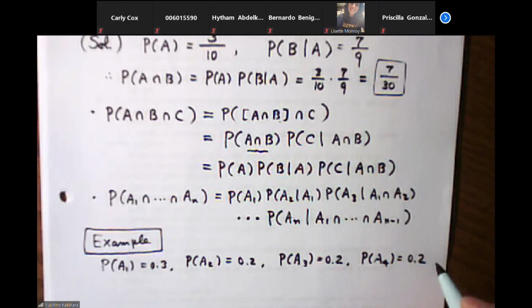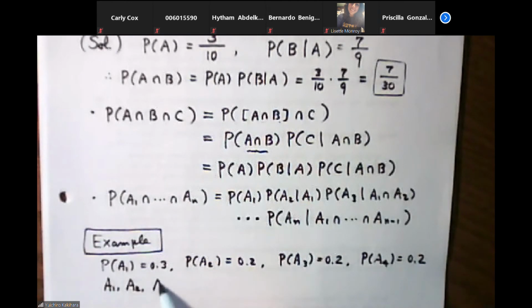So we have A1, A2, A3, A4, and these events are disjoint.